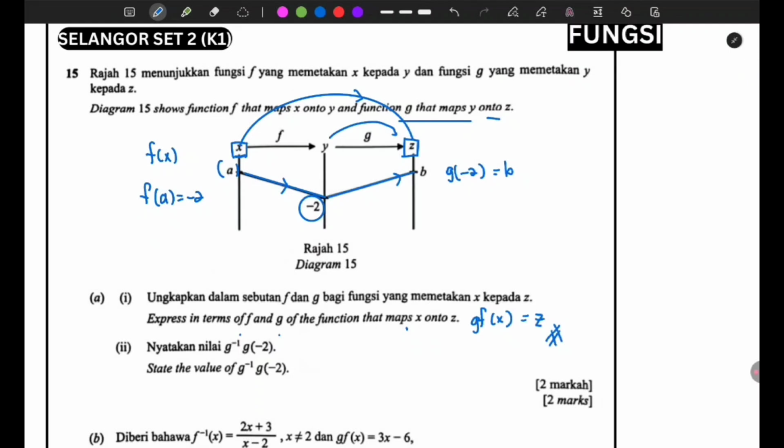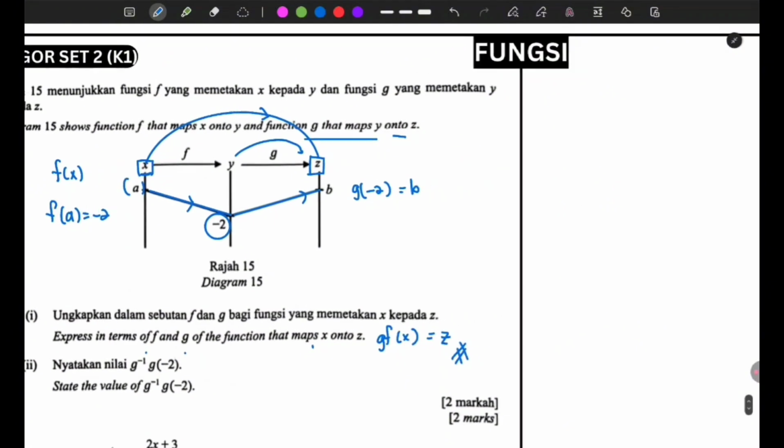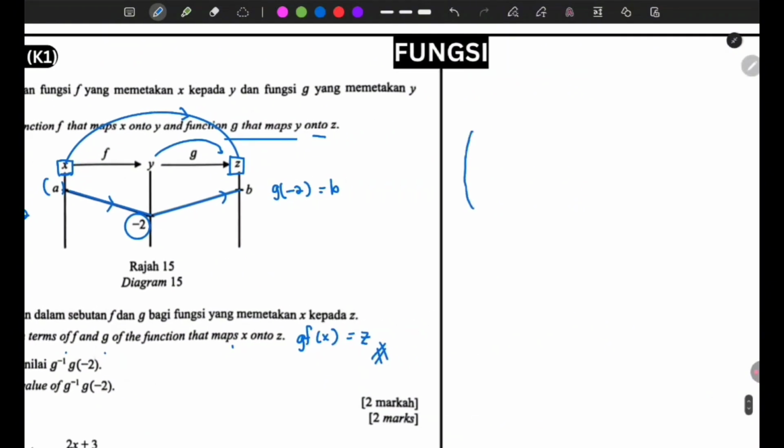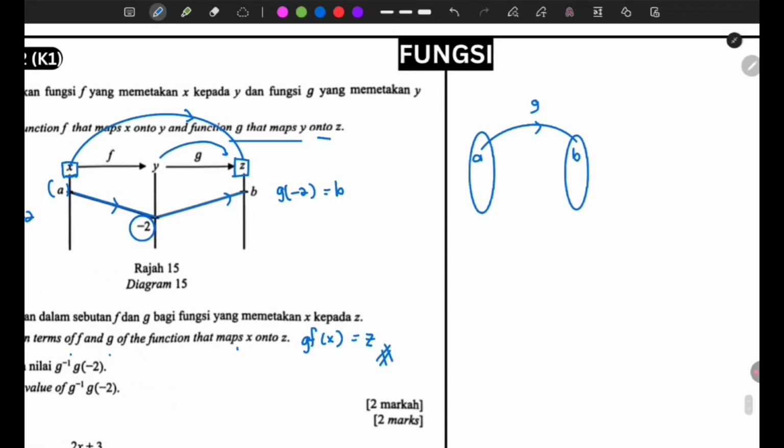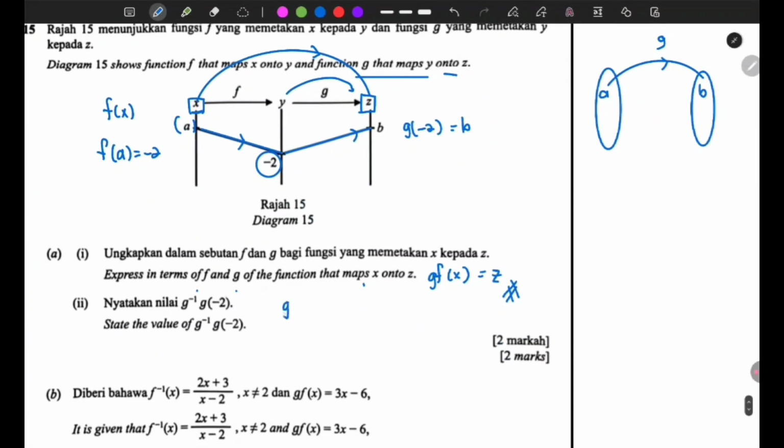State the value of g inverse g(-2). Okay, let me draw this thing here. Let's just say this is a function g, and I put a b here. g inverse g(-2).